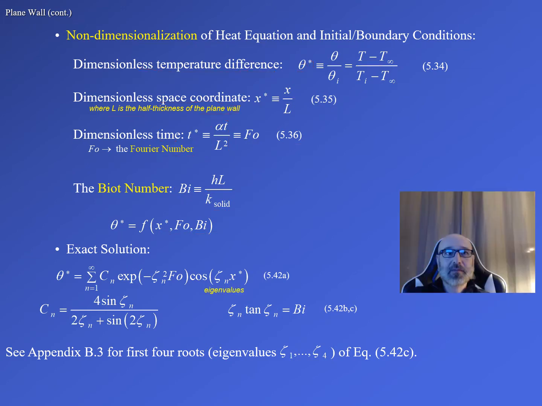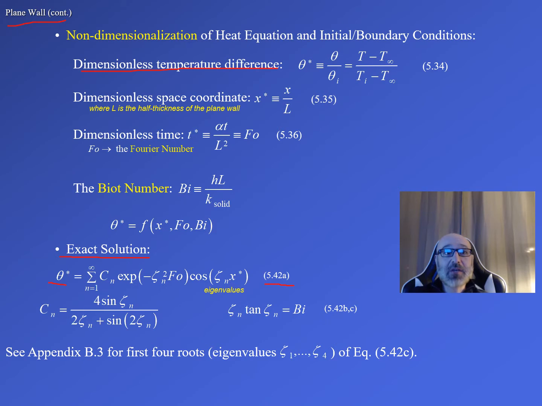So our theta star, our dimensionless temperature difference, is a function of all three of those. Now if we want to take a look at our exact solution, we have some equations that we can reference back in our textbook. Particularly, let's take a look at equation 5.42a, where we have a relationship for our plane wall for theta star, our dimensionless temperature difference.